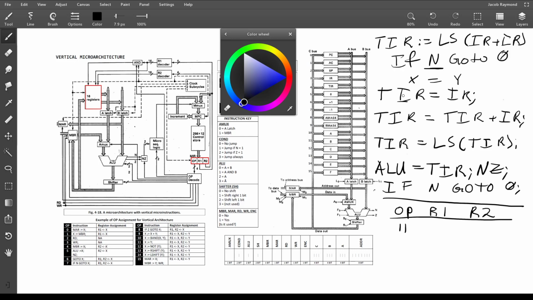So that means TIR is x, IR is y. X goes into R1. And then TIR is x, and then 4 is TIR, so that means R1 is 4. And then IR here is Y, which is register number 3, and Y goes to R2, so that means R2 is 3. So we've got this first operation here completed.